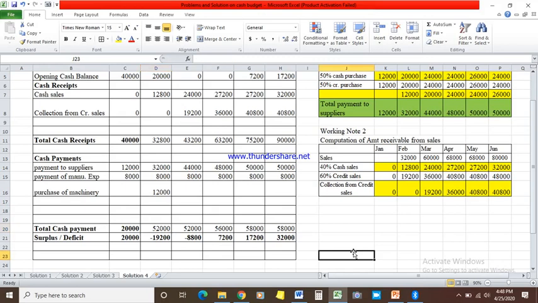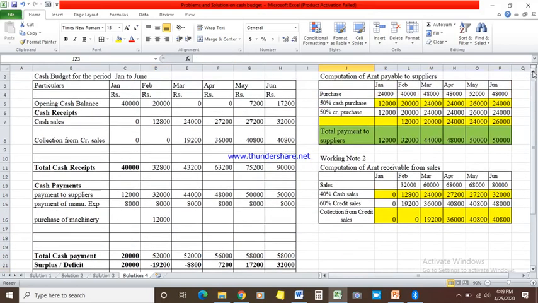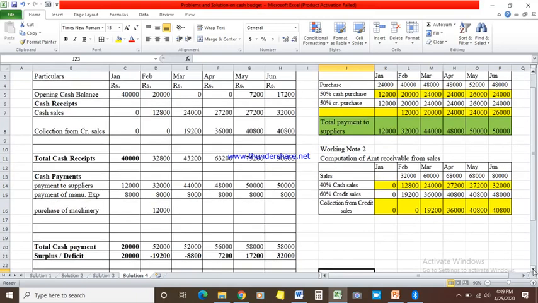So by doing so we can understand that in the months of February and March, if you observe here, the firm needs to arrange for some cash because there is going to be a negative cash balance. And interestingly, in the first month the company was able to generate an extra 20,000 surplus cash, not on account of any sales activity, but because they had just started the business with the capital.